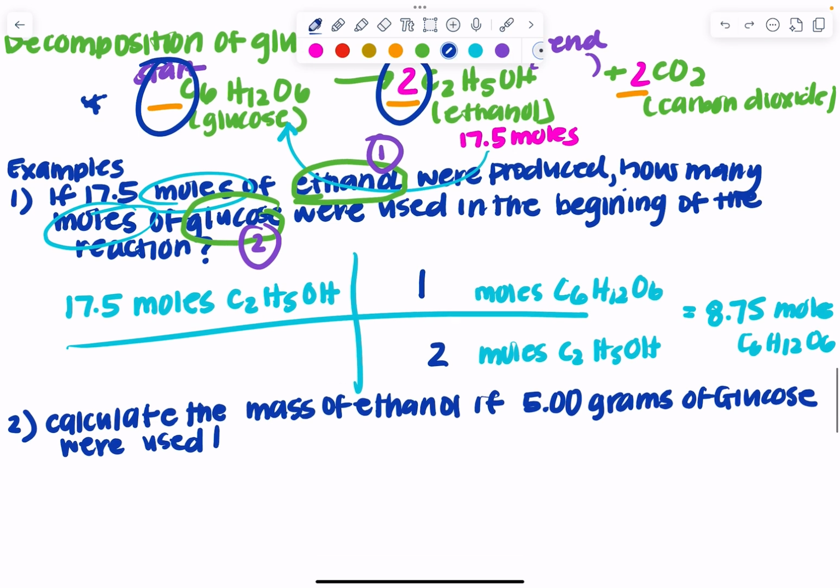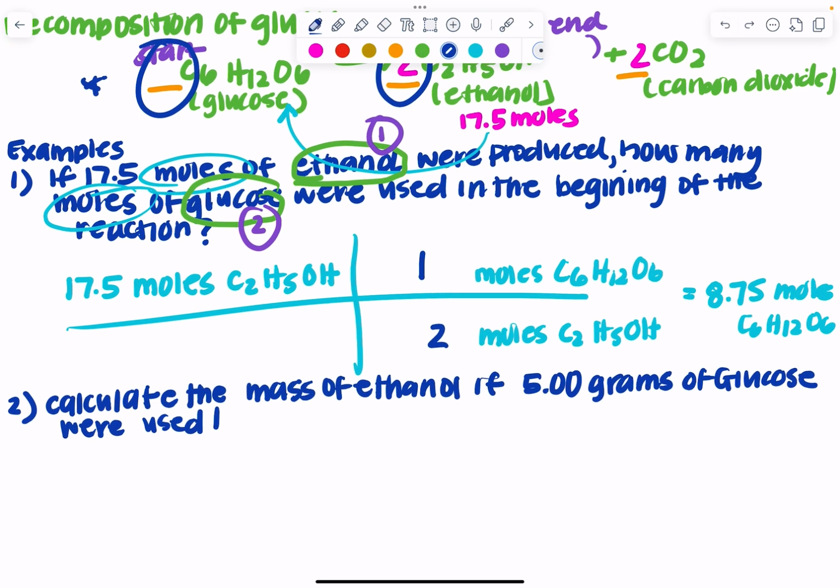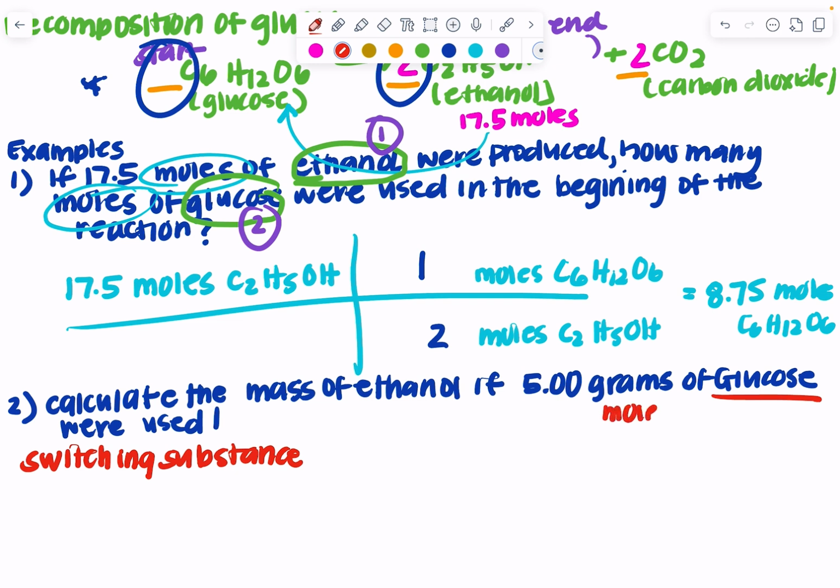The way that we do this is, again, we have 5 grams of glucose, and we're asked for mass of ethanol. We're switching substances. The problem is we have to get glucose to moles first and then go to moles of ethanol. I'll write this out a little bit better.